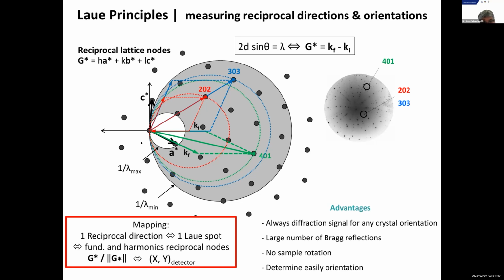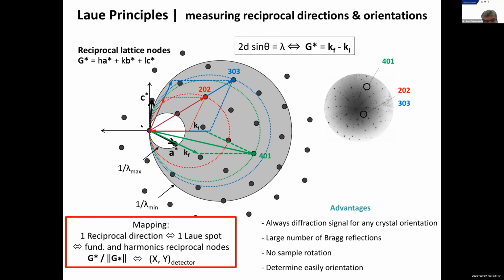For instance, I've taken an arbitrary crystal. There you have A star, B star, which is pointing towards us, I think, and C star there. And then I have represented the two Ewald spheres. This sphere there corresponds to the minimum energy we have on the beamline, and the larger sphere corresponds to the highest energy photons available on the beamline when you do a Laue experiment.